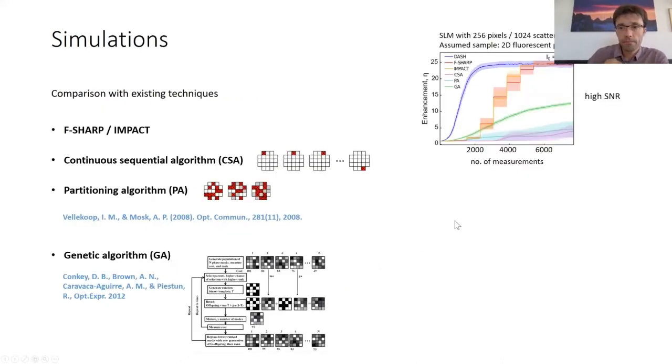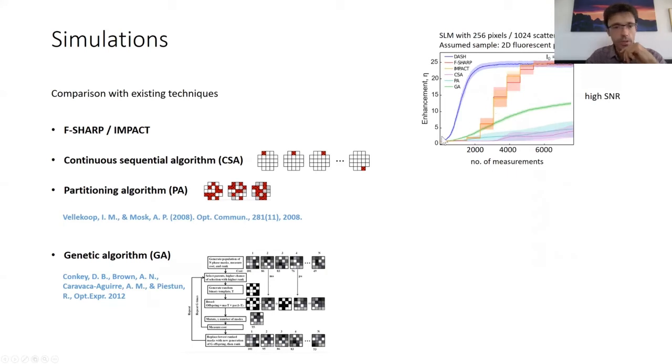I'd like to show you some simulations that compare different methods. We have here DASH in blue, also F-sharp and IMPACT, here in red and orange, and you see already that the performances of these methods are very similar.